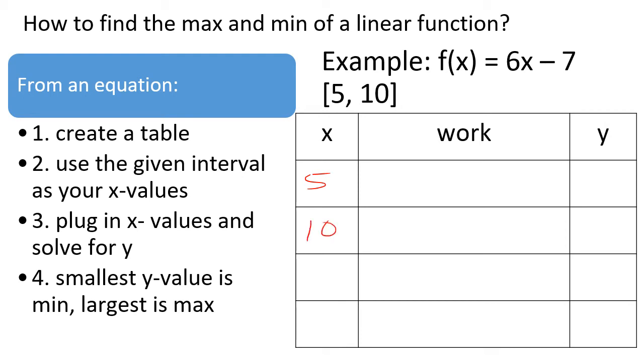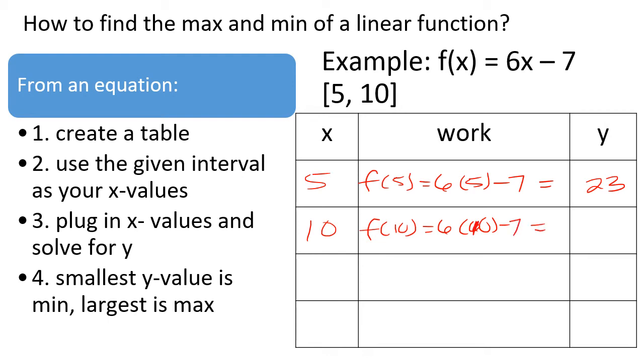So I have f of 5 equals 6 times 5 minus 7. So that's 30 minus 7, which is 23. And then we have f of 10, which equals 6 times 10 minus 7, which is 60 minus 7, which equals 53.